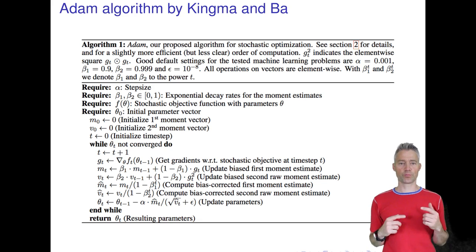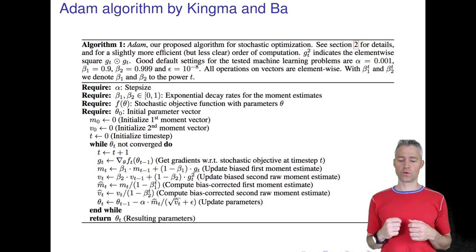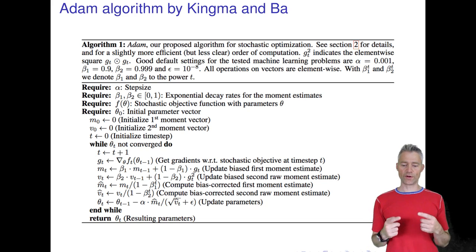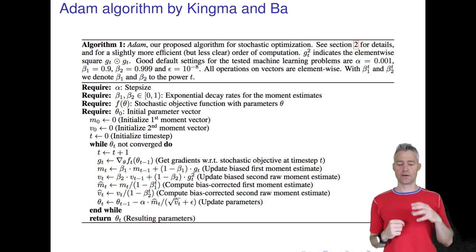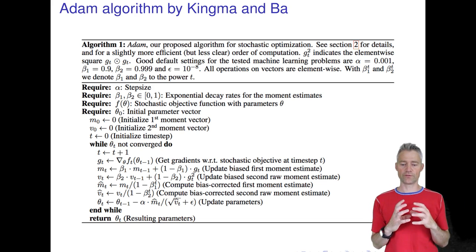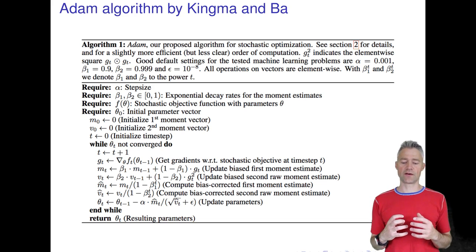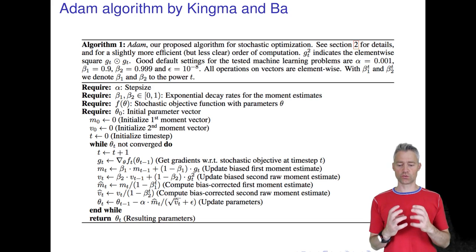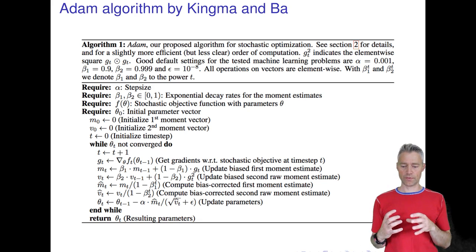And then there's an important point about why this Adam works so well: it corrects for the fact that m_0, our stored memory for the gradient, is 0 at the beginning. That gives us a bias towards having a too small gradient. So we can calculate a new average gradient direction, m hat, which is corrected for this bias.